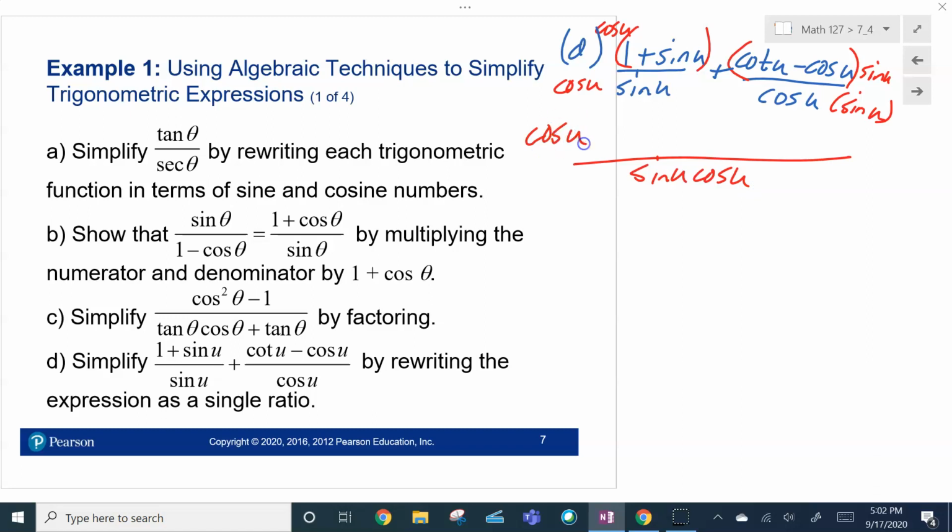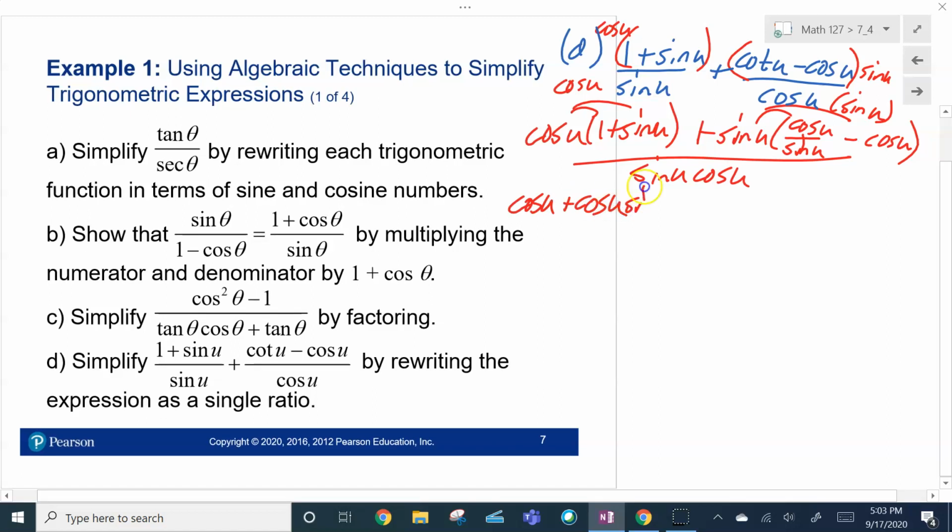So I have cosine u times 1 plus sine u plus, over here I got sine u times cotangent, and I'm going to switch that to cosine over sine. That's cosine u. Okay. And distribute this now. So now I have cosine u plus cosine u sine u, or sine u cosine u, plus, notice when I distribute this one right here, the signs will cancel because I have a sine on the top, sine on the bottom right there.